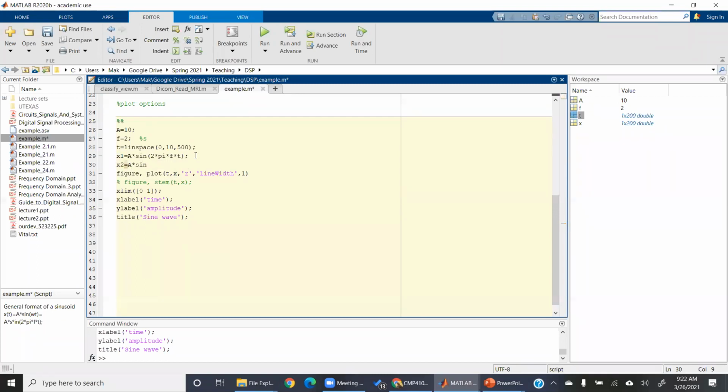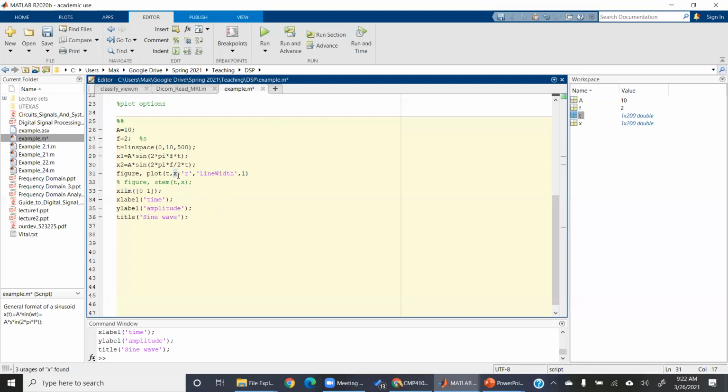So I can say sine 2 pi, this time I write f over 2, and then t. Simple. So I have two signals now. One is x1 at a frequency of 2. The next one is x2 at a frequency of 1.